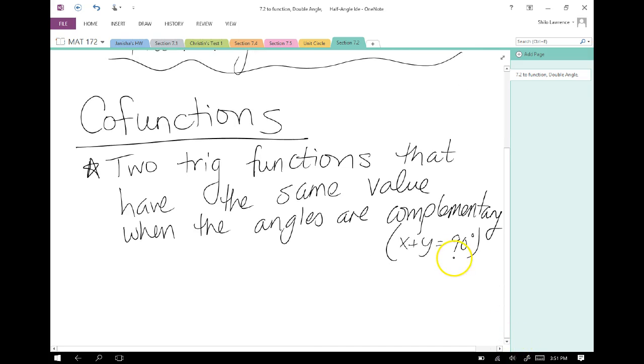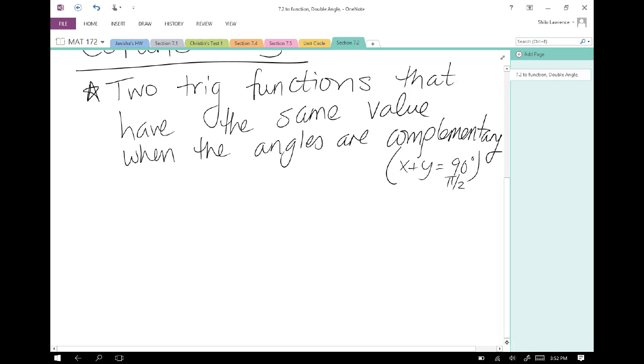Now in this section, they use radians. So instead of 90 degrees, you're going to see pi over 2 in the identity instead of 90. So some cofunction identities that we see, and you could also see this just from your unit circle, sine and cosine share a lot of the same values when the angles add up to 90.